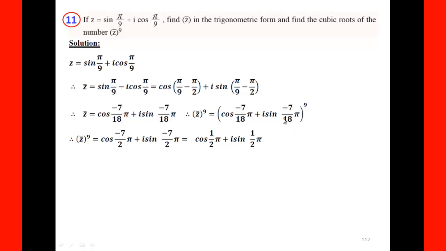So 9 multiply negative 7 over 18 pi equals negative 7 over 2 pi, plus I sine negative 7 over 2 pi. Negative 7 over 2 pi is not included between negative pi and pi, so you have to add 2 pi. In this case, we add 2 pi to get cosine half pi plus I sine half pi.